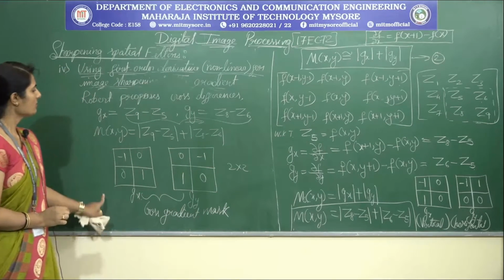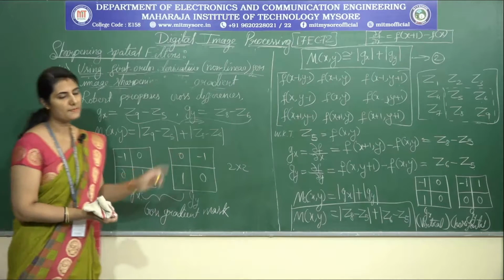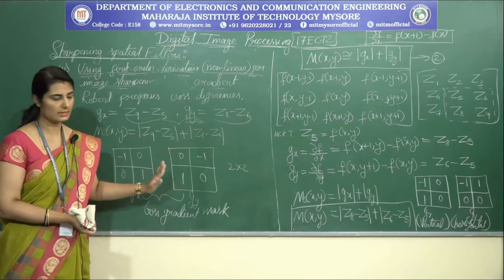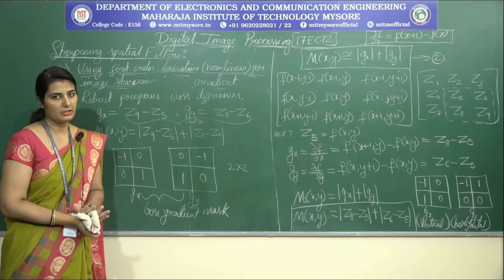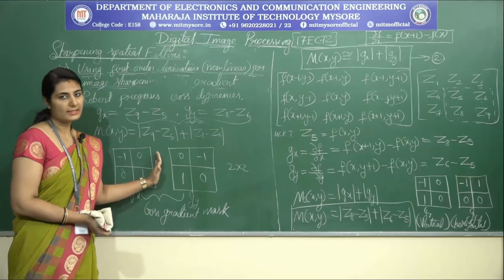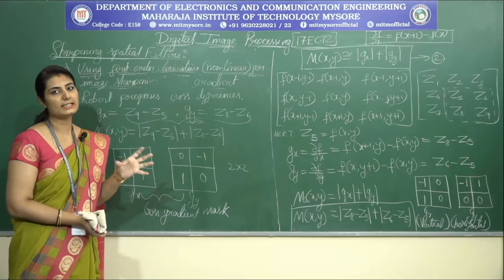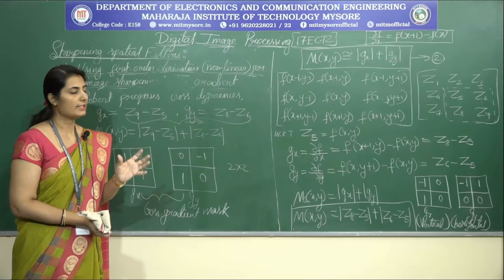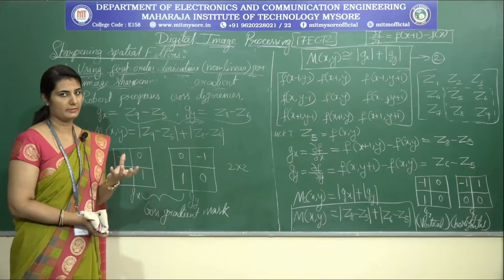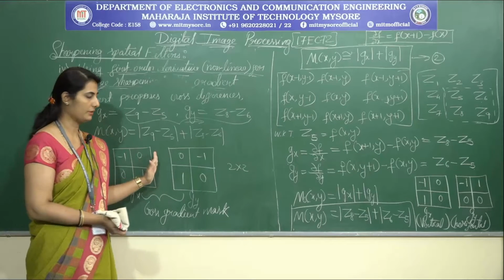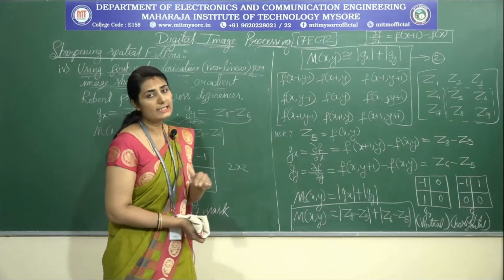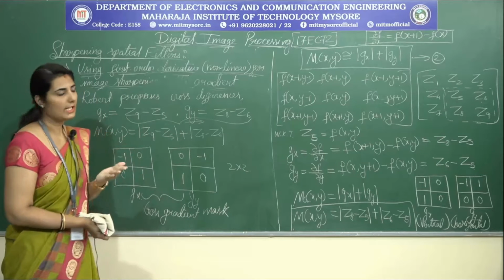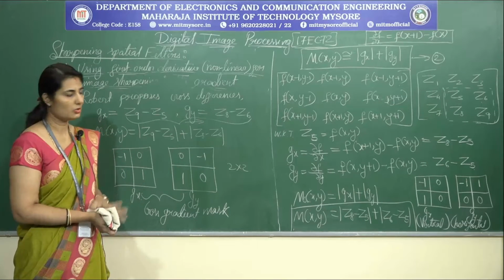Okay. So now in these two types of mask, that is 2 cross 2 mask, there is no center symmetry. So to achieve center symmetry, we have to consider odd masks, which have a center of symmetry. The smallest odd mask we can have is the 3 cross 3 mask, okay.